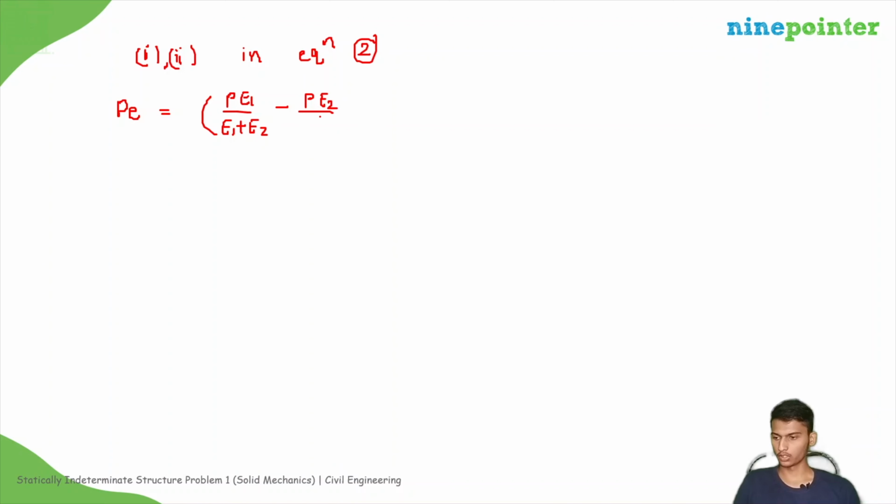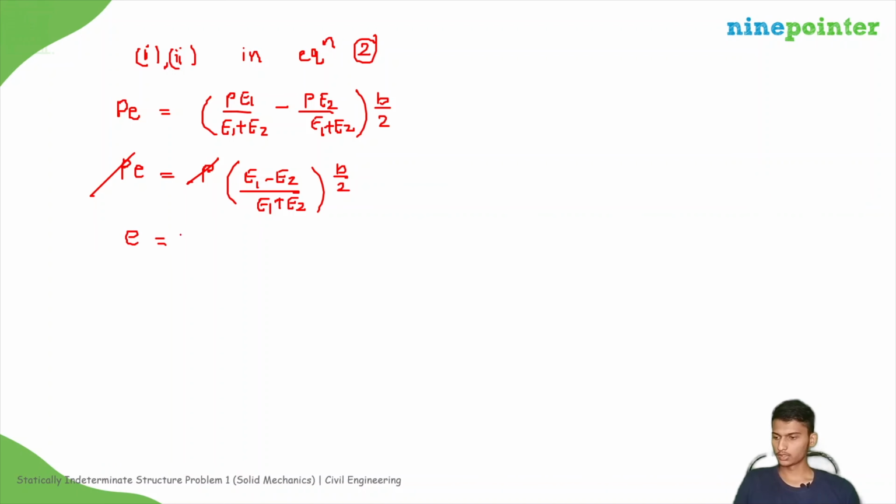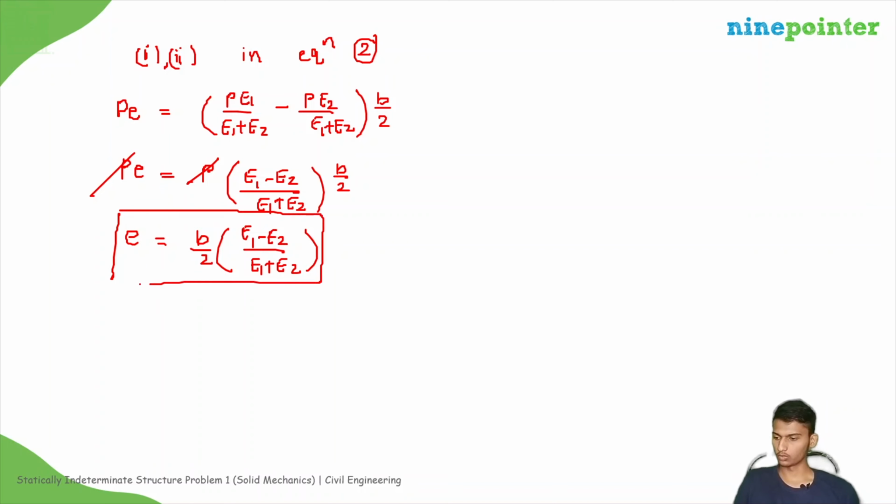P E2 divided by E1 plus E2. So that will be P E is equal to P into E1 minus E2 divided by E1 plus E2, right, into B by 2. So P gets cancelled. So E will be equal to B by 2 into E1 minus E2 divided by E1 plus E2, right? So this is the eccentricity E of the loads.